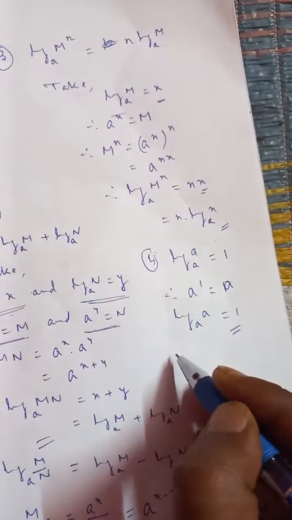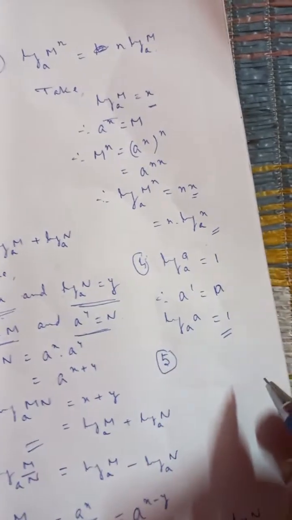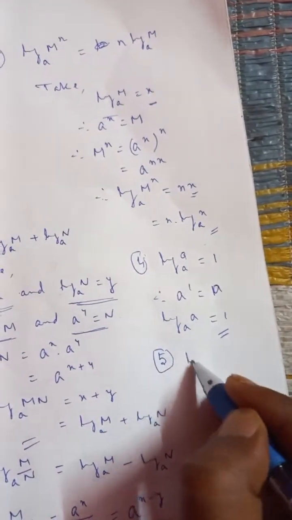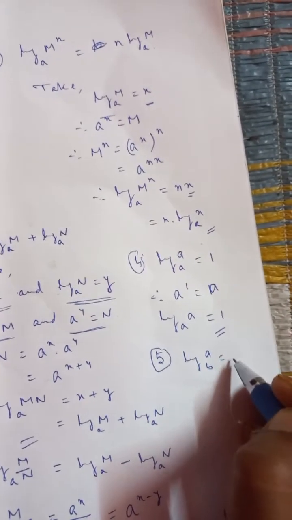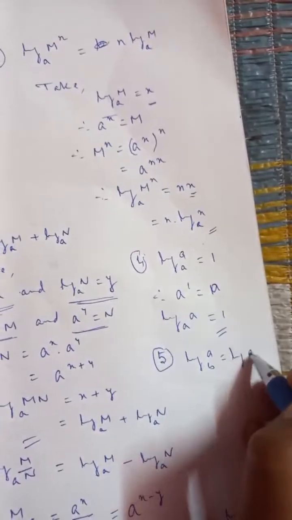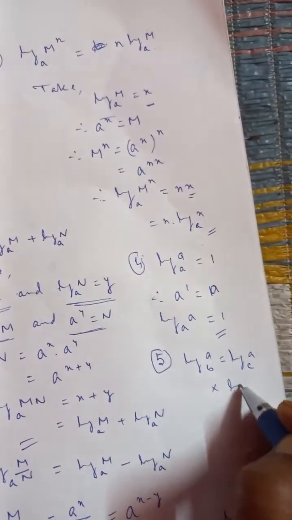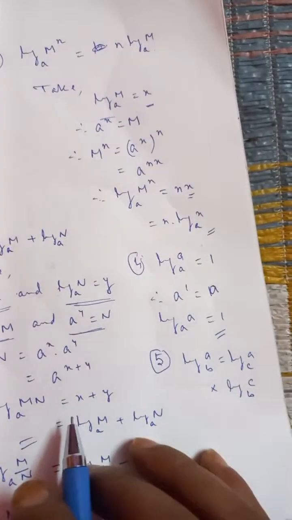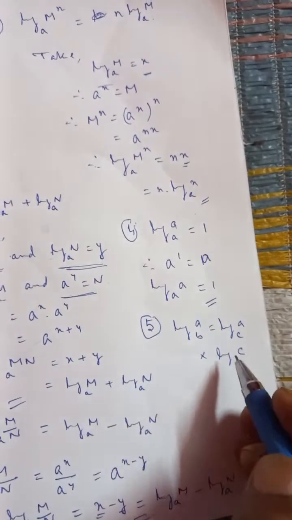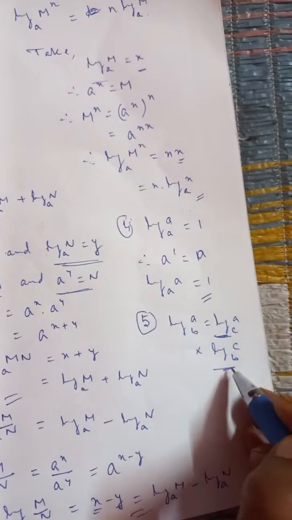Now the fifth one, log of a base b is equal to log of a base c multiply log of c base b. So how can we prove this? We'll again take this as x and this as y.